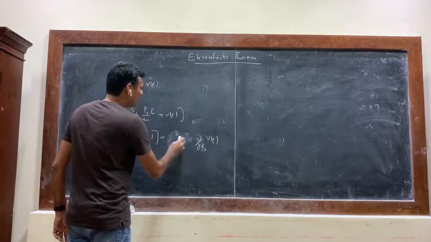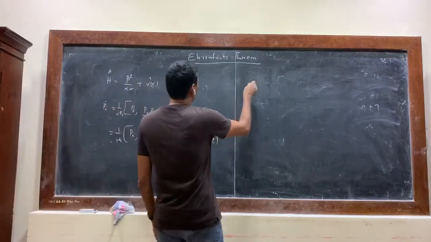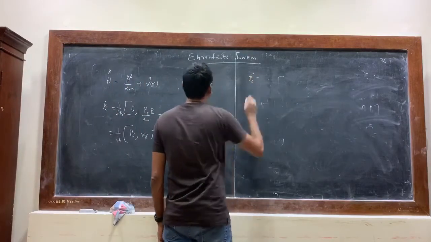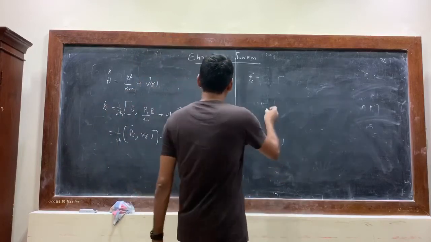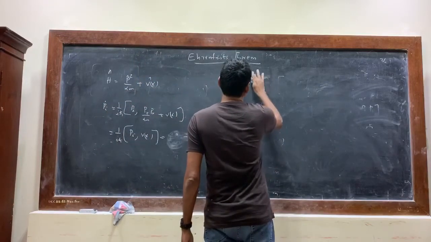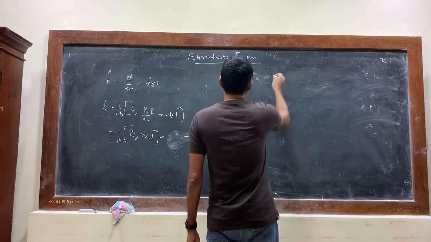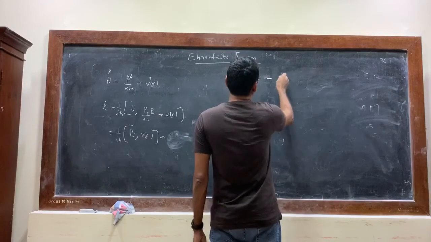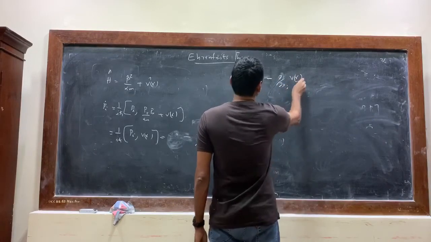So you can say that dp_i by dt is equal to minus del by del x_i of V of x.